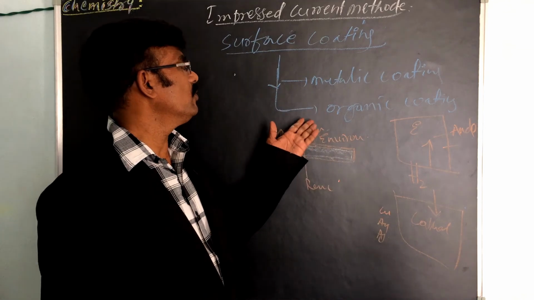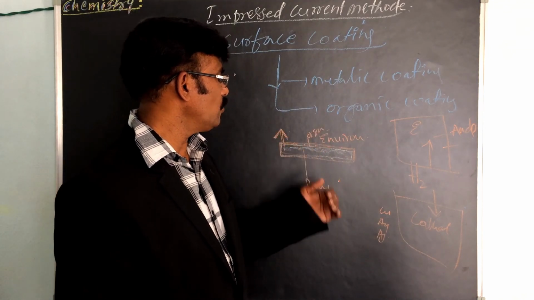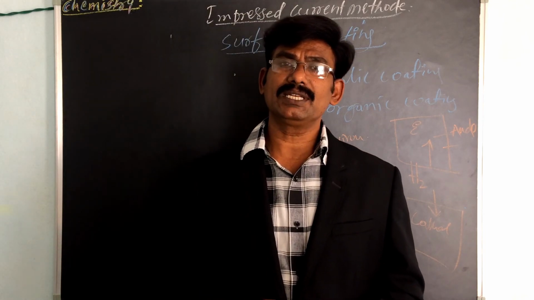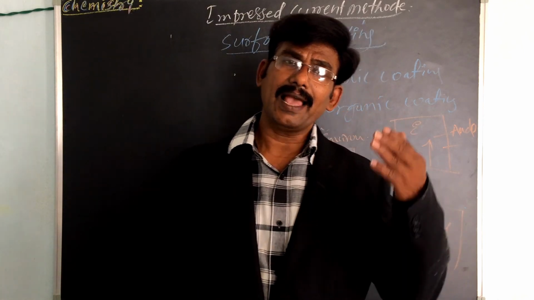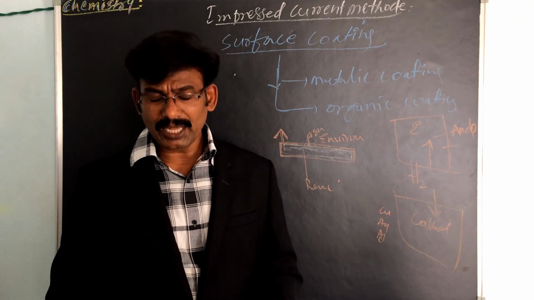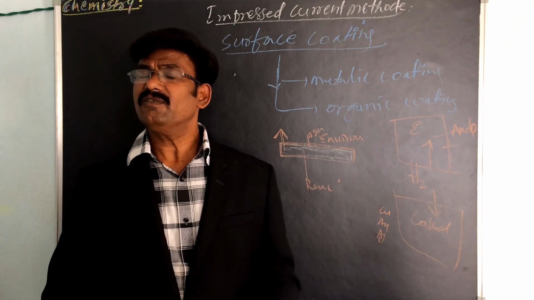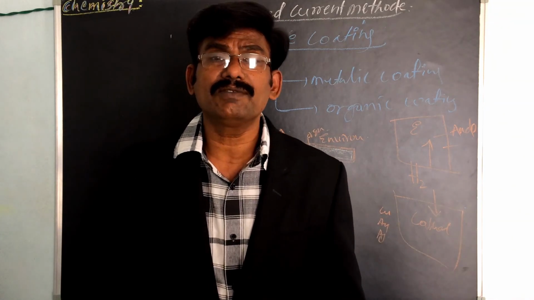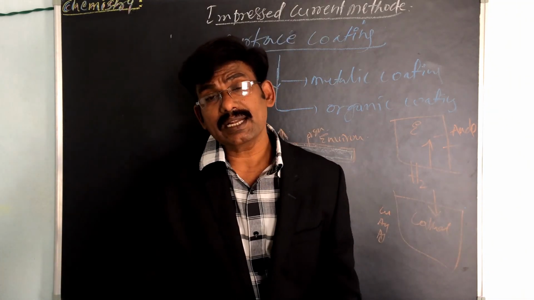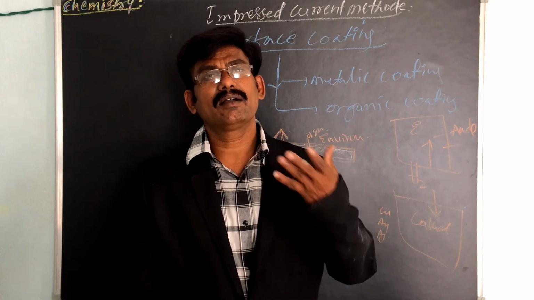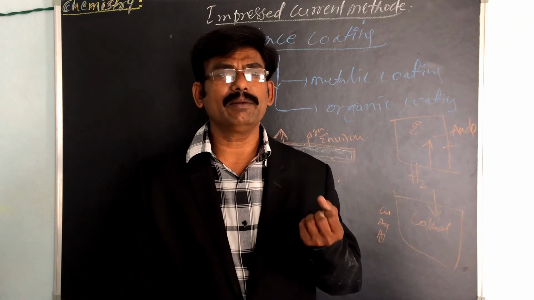Before coating, we must clean the metal with proper solutions, acidic or basic. Why are we doing all these things? Our motto is corrosion control. We have to prevent the corrosion.